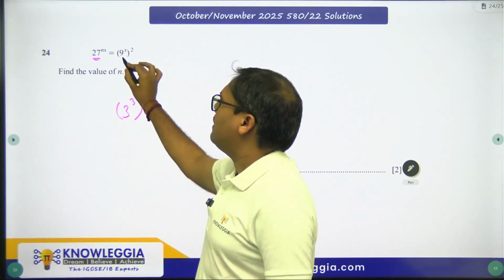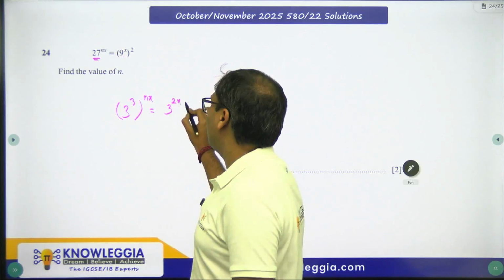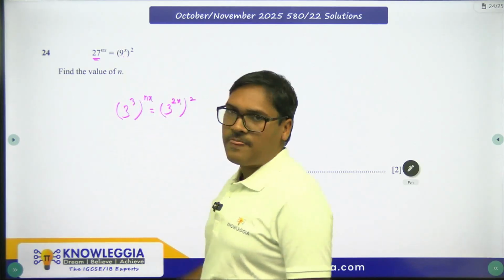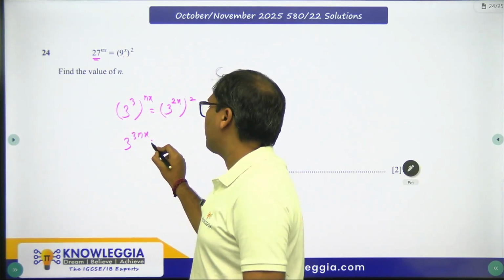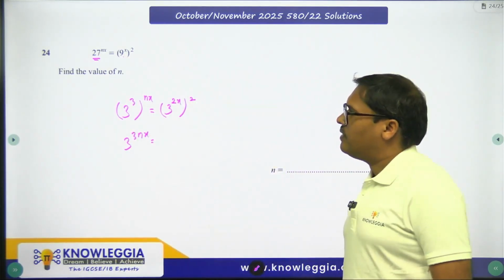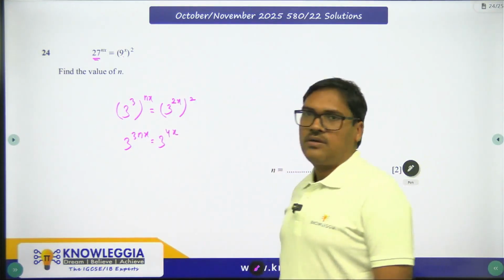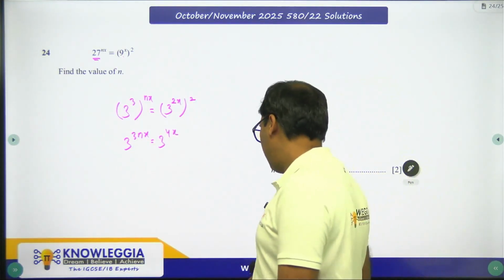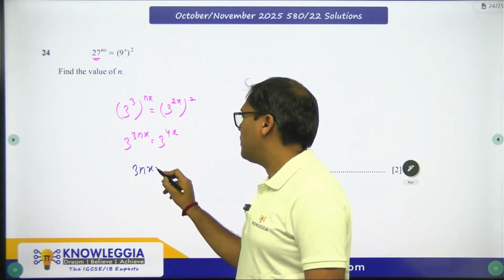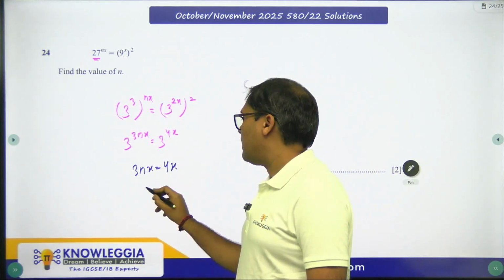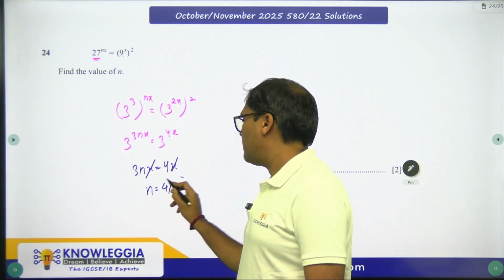And 9 is 3 squared, so this is 3 square raised to 2x. Now this is 3 raised to 3nx and 3 raised to 4x. The bases are the same, that means the powers should be the same. So 3nx should be equal to 4x, you can cancel x, and n is equal to 4 by 3.